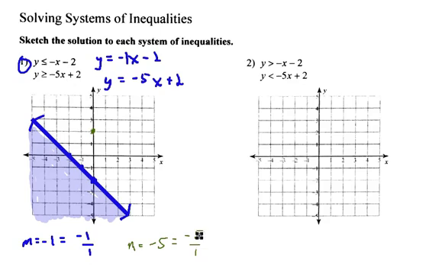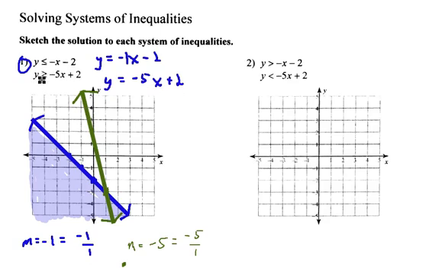So we're going to go down 5, right 1. So from the beginning point, I'll go down 5 and right 1. And I'll take a moment to draw a line between those 2 points. Okay, so that's the equation of this line for y equals negative 5x plus 2.